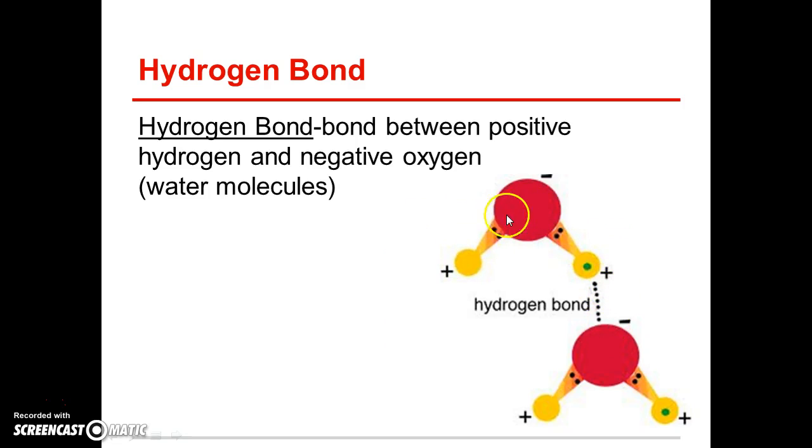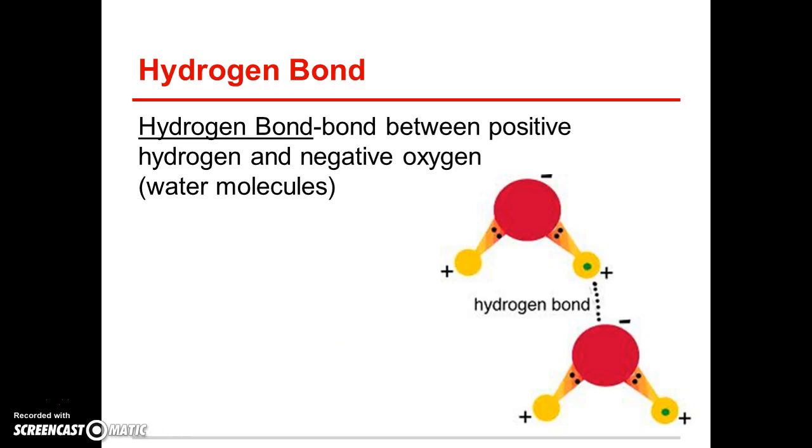So here we have another set of water molecules. There's one, there's another. These are water. There's an attraction between the positive and the negative sides. The slightly positive side over here attracts the slightly negative oxygen end, because oxygen is pulling so hard on those electrons. This is called hydrogen bonding.